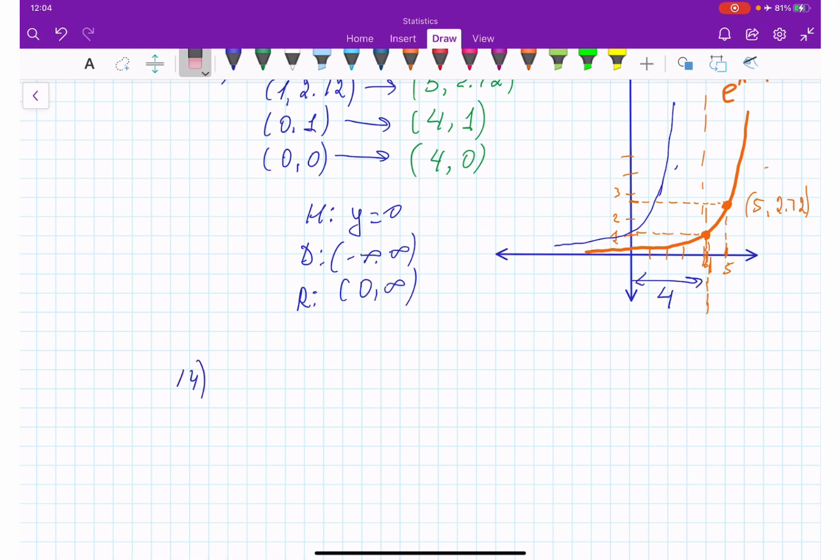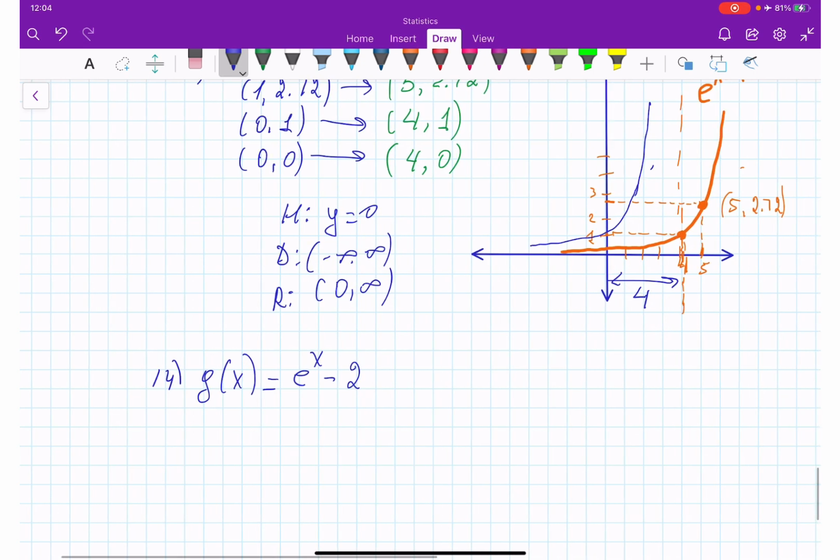We are going to build g of x is equal e to power x minus 2. E to power x minus 2. So now we're shifting down by 2. All right?